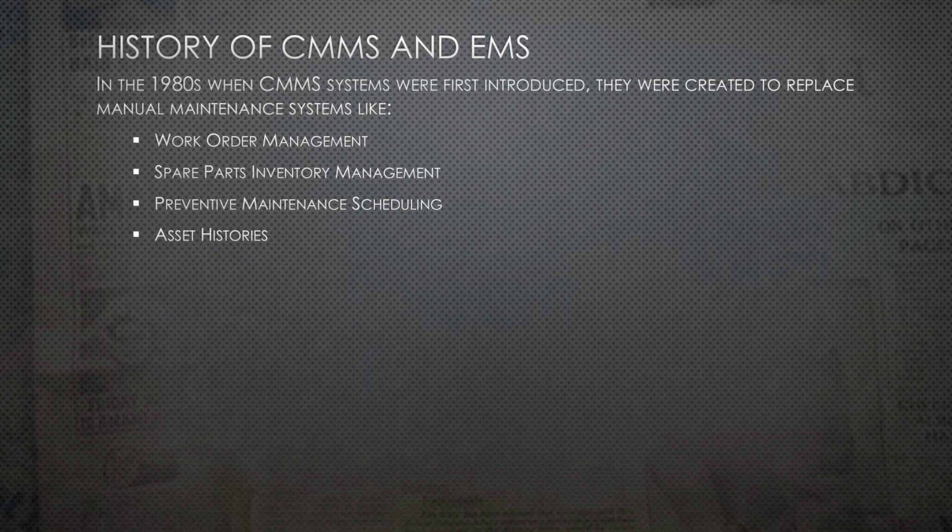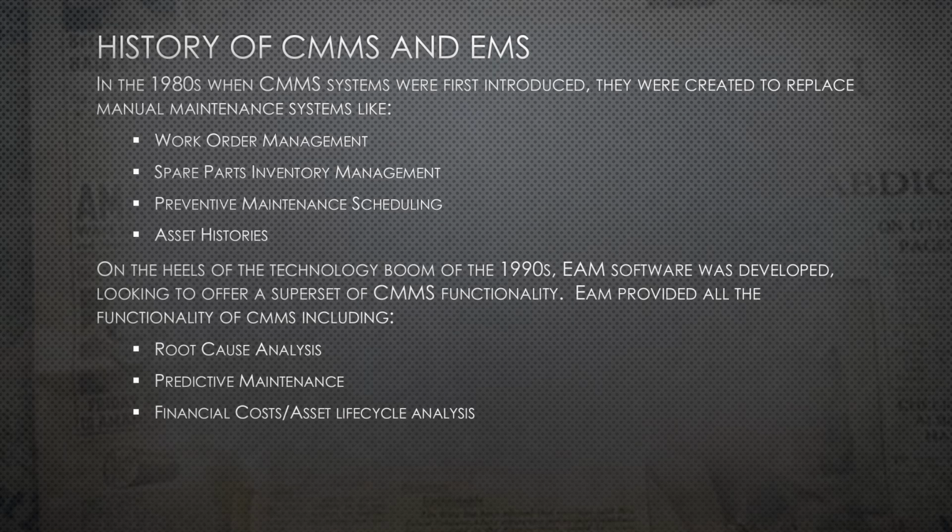So CMMS was developed in the 1980s, and basically it was developed to replace manual maintenance processes like work order management, spare parts inventory management, and preventative maintenance scheduling. So that's where it started. In the early 90s, however, there was a push to have these same processes implemented at an enterprise level, and that's where some EAM software was developed.